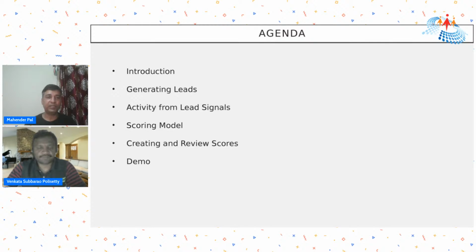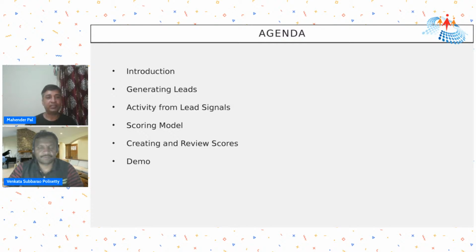We'll start with a basic introduction about the topics that we are going to cover, and then we will see how we can generate leads when we are doing all the marketing activities that we have been learning from customer insight journey. And we will see how we can create an activity when we get some kind of signal or message, some information that the customer is interested in the product or services that we are trying to convey to our customer.